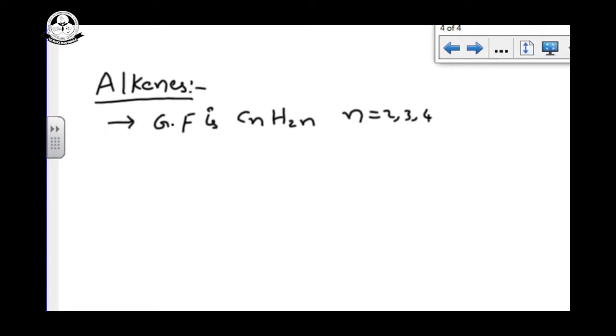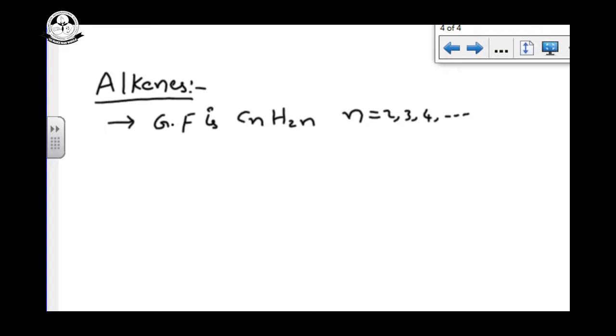So we know the general formula of alkenes is CnH2n. Here n starts from 2, 3, 4 and so on. It can never be 1.